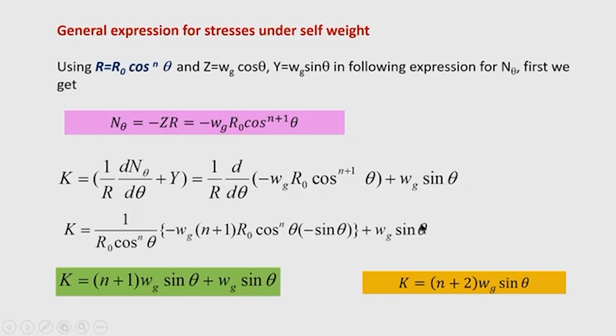Okay. So, after simplification, k becomes n plus 1 w g sin θ plus w g sin θ, which is nothing but k is equal to n plus 2 w g sin θ.